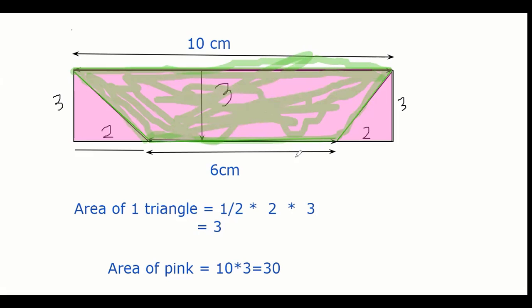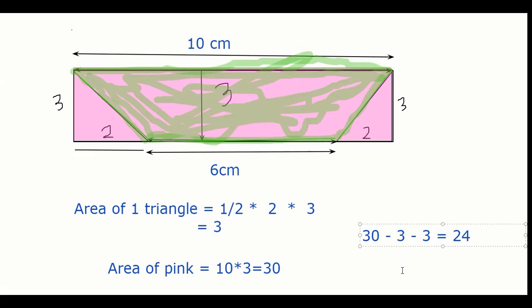See, the full pink is 30, correct? 30 minus 2 triangles you'll remove. 30 is the area of pink, minus 1 triangle we found as 3 on the left side, plus 1 triangle on the right side. So that is what? 27. 30 minus 3 minus 3, so 27 minus 3, 24.